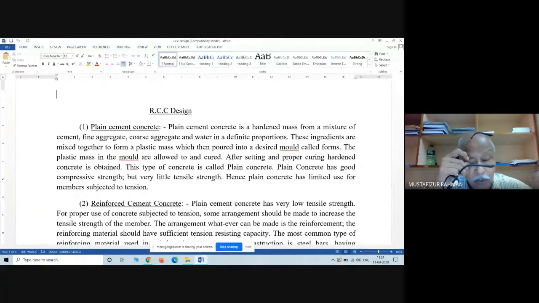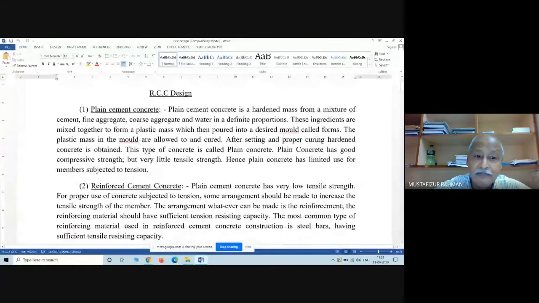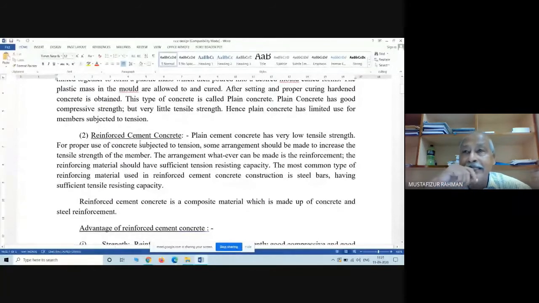So to avoid that, we require some material, which we will introduce inside the concrete so that it will be able to resist the additional load coming on the member, particularly with respect to tension.